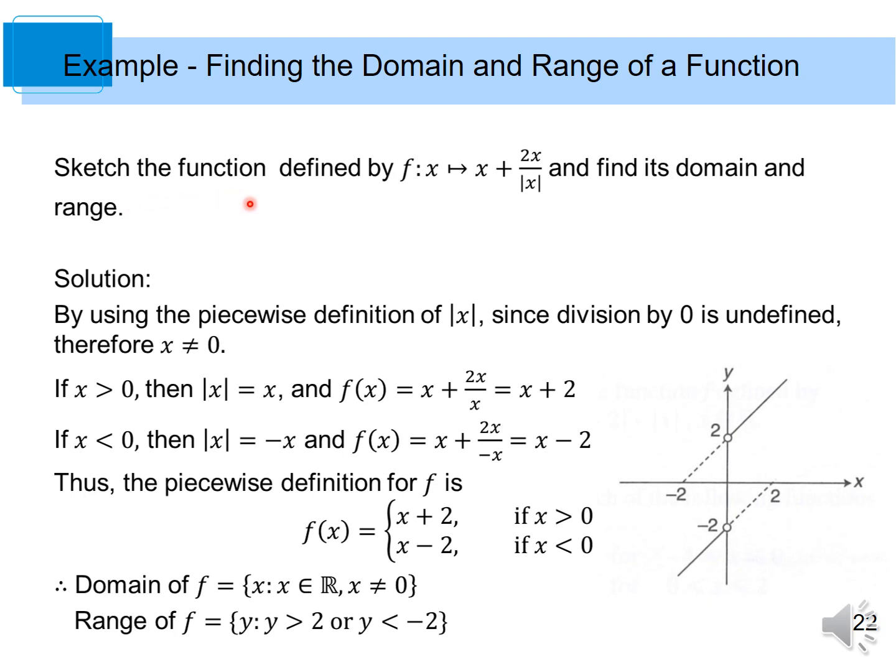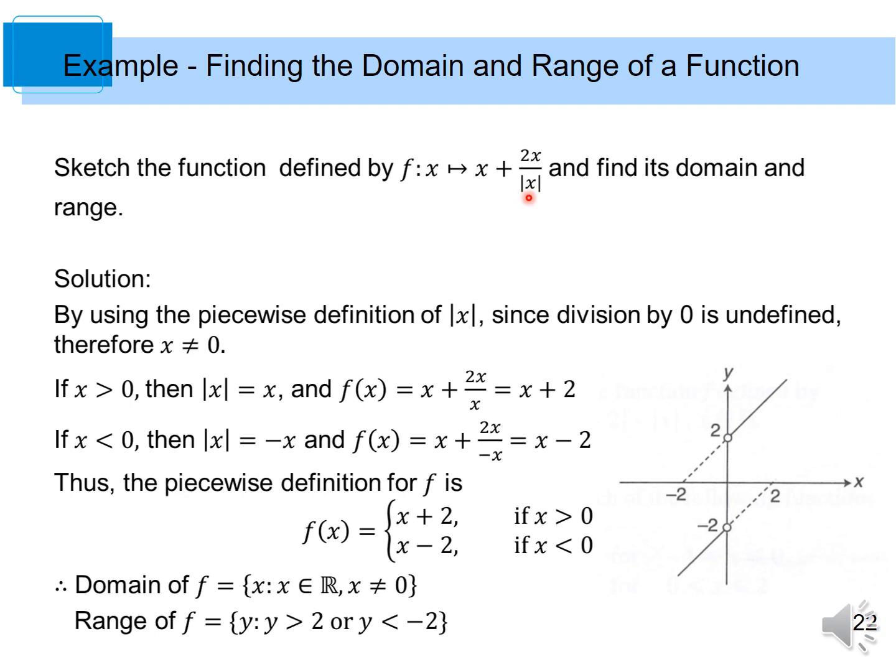Sketch the function defined by f(x) = x + 2x/|x| and find its domain and range. This function involves a rational function and an absolute value function. By using the definition of a rational function, we know that the denominator cannot equal 0.